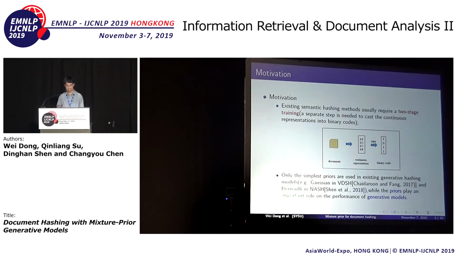First, existing semantic hashing methods usually require two-step training, which is to train a continuous representation for the document first, and then use a separate step to cast the continuous representations into binary code after the training process. But this kind of two-step training may result in the model being prone to getting stuck at poor performance.